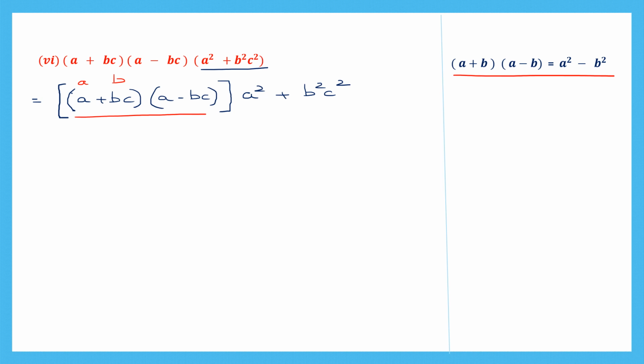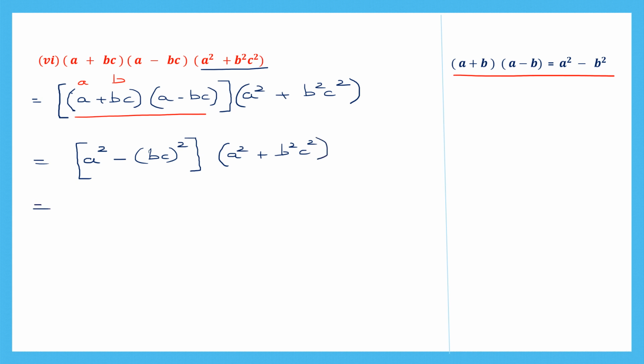So now a square is the same thing, a square minus b square. What is b? B is bc, and the square of this, into the other one, that is this here. So let's write that. That is a square plus b square c square. This is the third binomial.